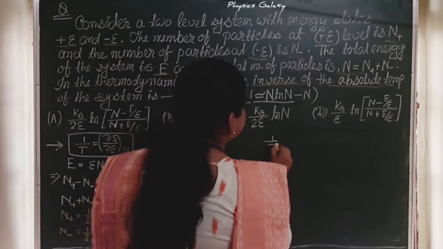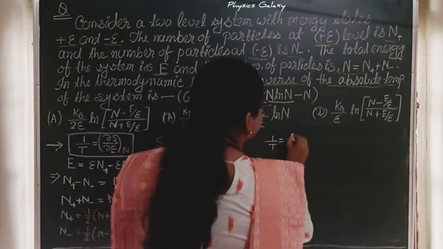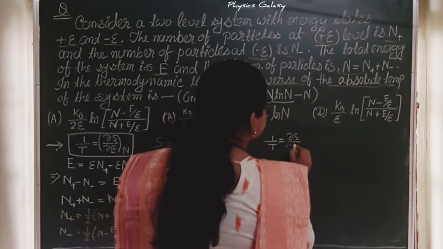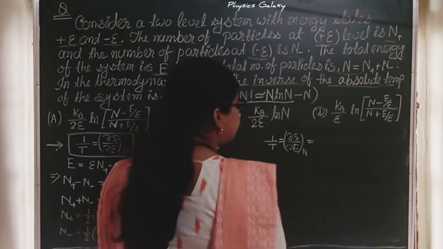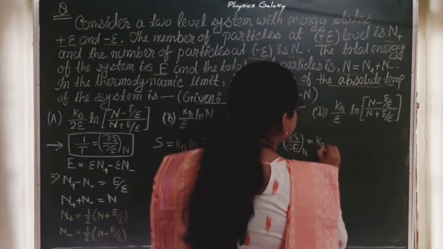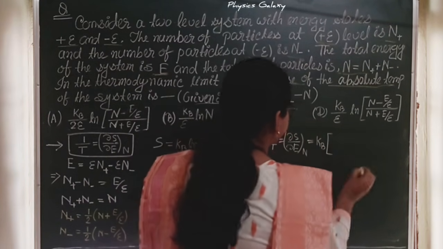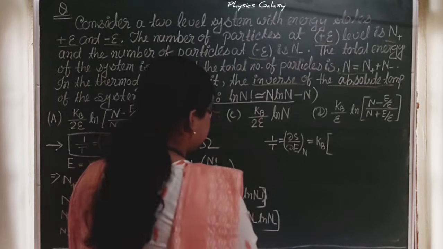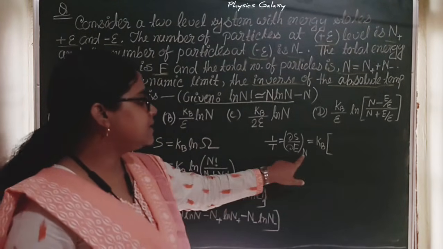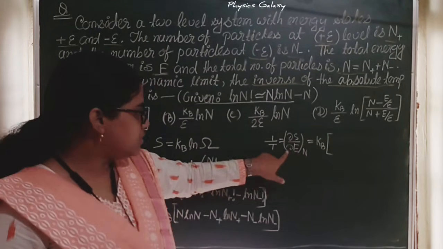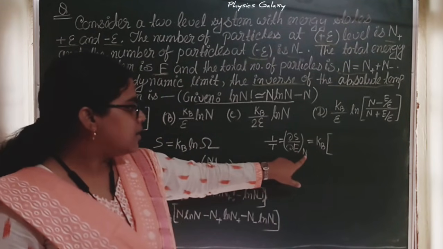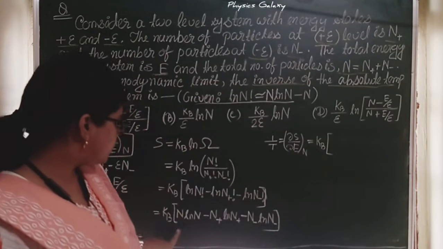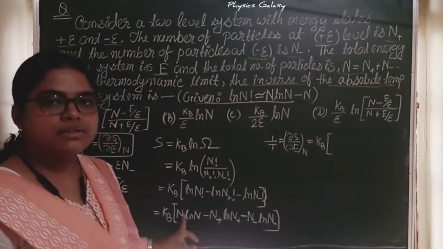So 1 by T will be del S del E at constant n, that is Kb into, look, as this is differentiation with respect to E at constant n, this term will be 0 after differentiation.